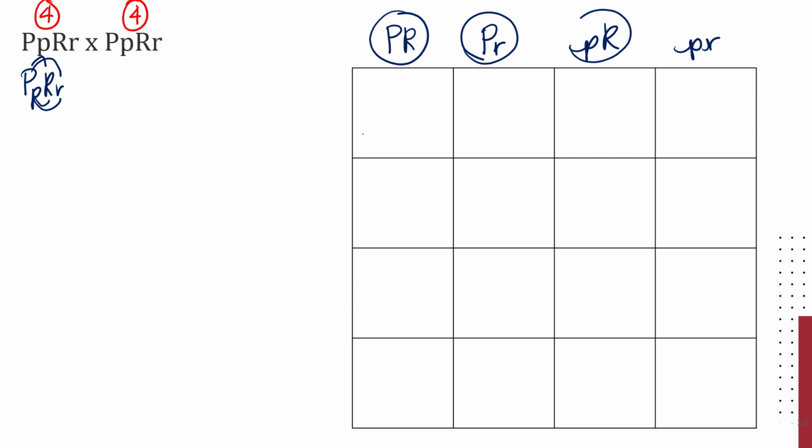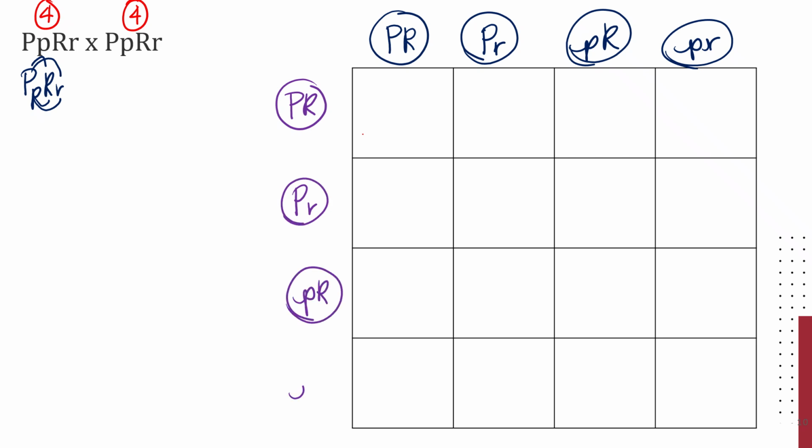We can do that for our other parent. They're going to give us the same gametes. And now, just like our small Punnett square, we're going to combine our alleles. When we do this, we are going to keep our P's together and we're going to keep our R's together.